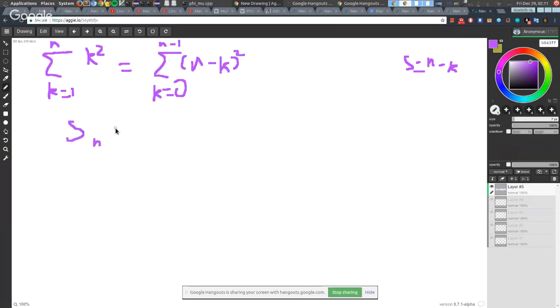So Sn is equal to the summation from k equals 0 until n minus 1 of the expression n squared minus 2nk plus k squared.